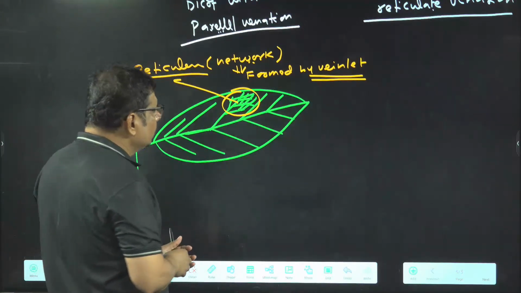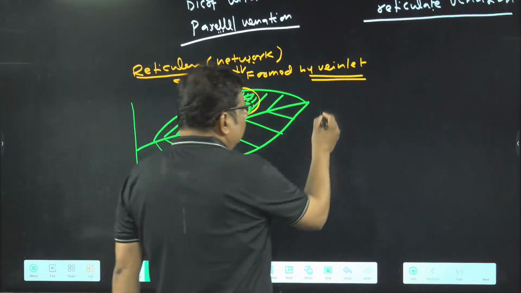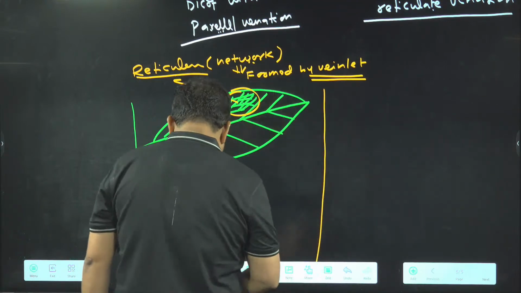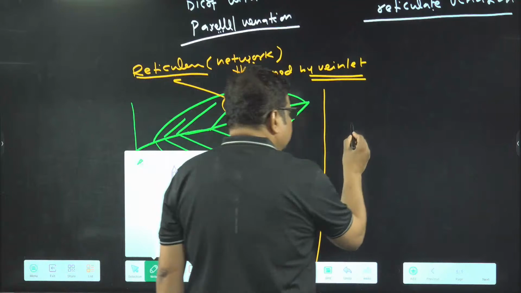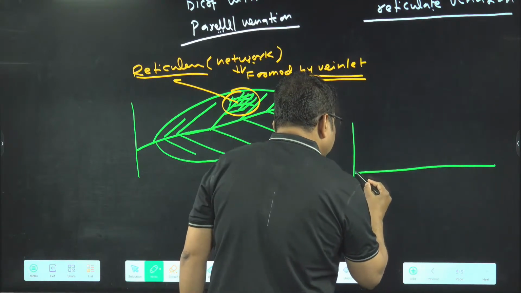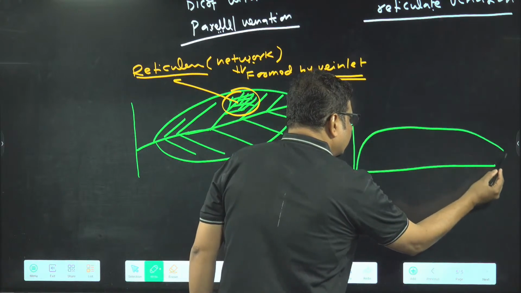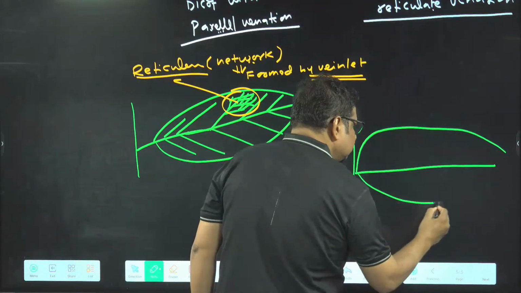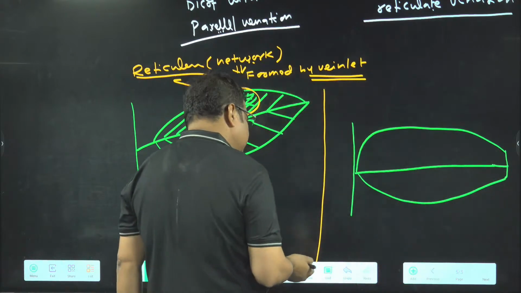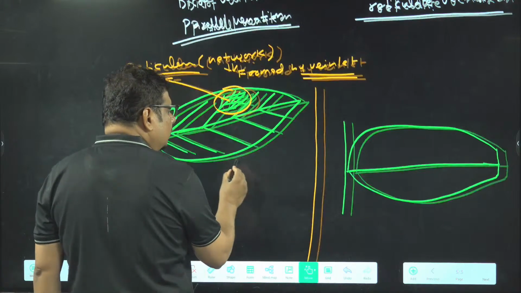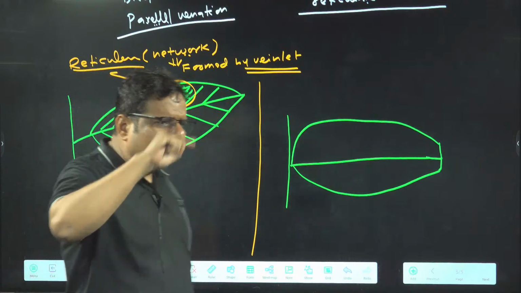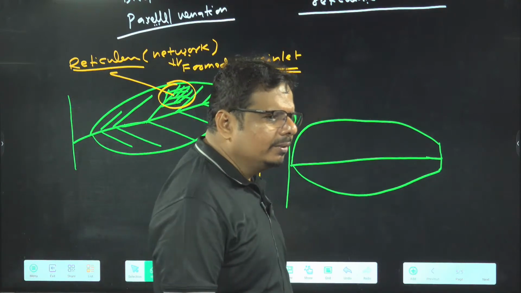But in the case of a monocot leaf, for example banana, I am just drawing a rough sketch of a banana leaf. Suppose that this is a banana leaf. Here you will find in the banana leaf, the reticulum of veinlets is not there. Are you getting the idea or not?